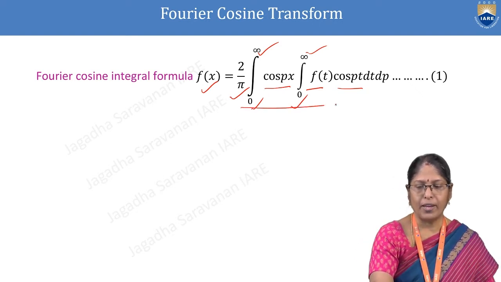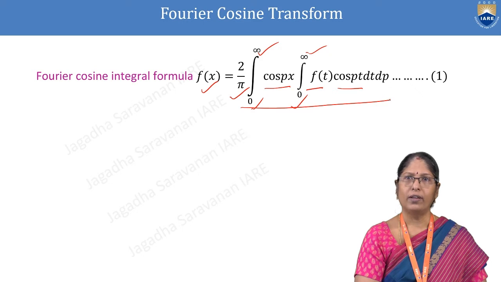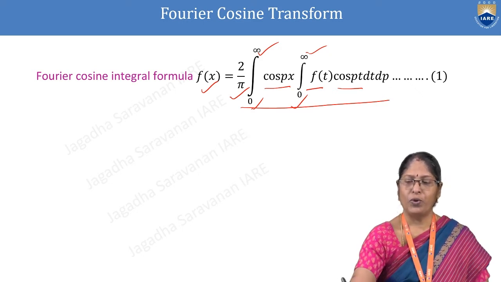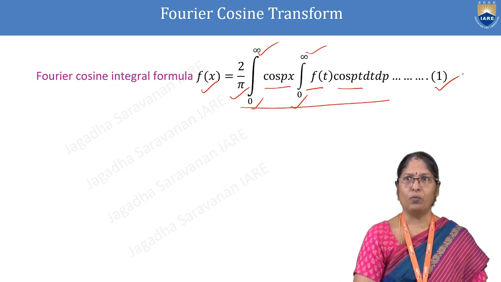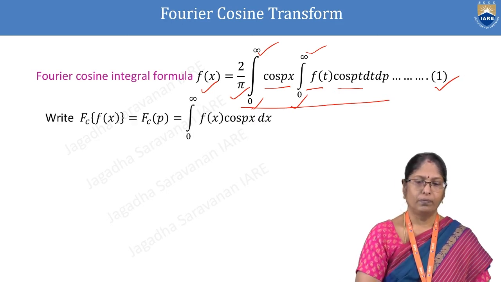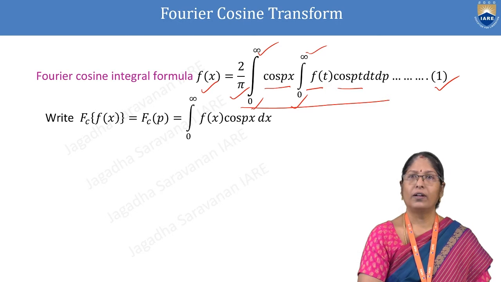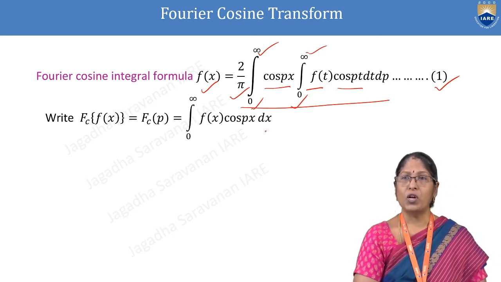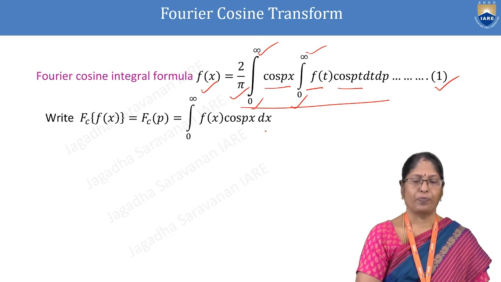This is the Fourier cosine integral formula. We named it equation 1, from which we get the Fourier cosine transform.